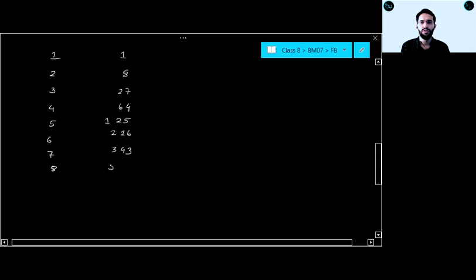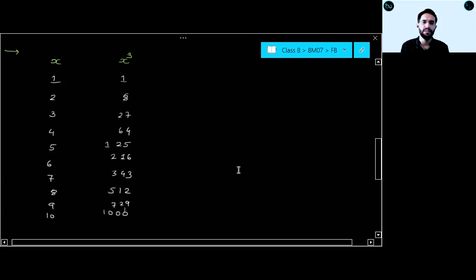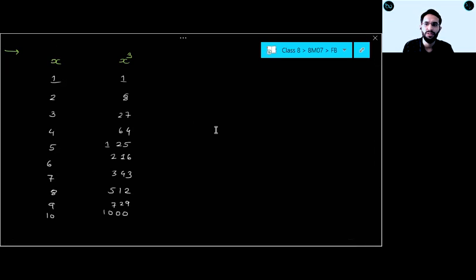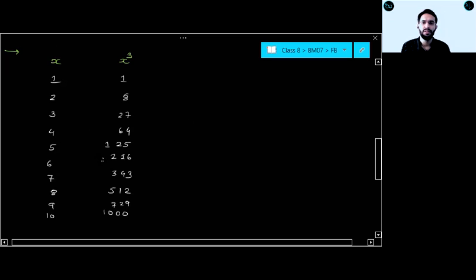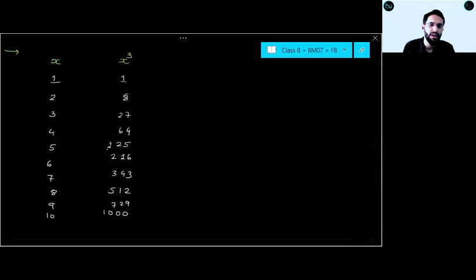What is 9 cube? 729. Is it clear, everyone? Please give me some response. 1 cube 1, 2 cube 8, 3 cube 27, 4 cube 64, 5 cube 125, 6 cube 216, 7 cube 343, 8 cube 512, 9 cube 729, 10 cube 1000.